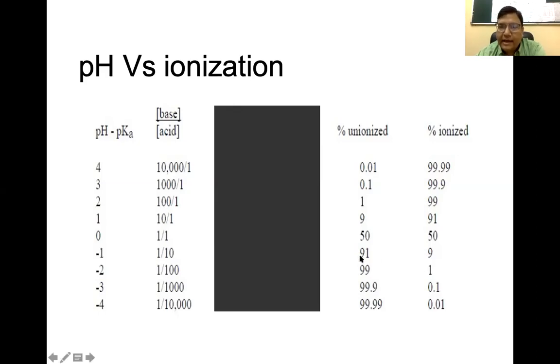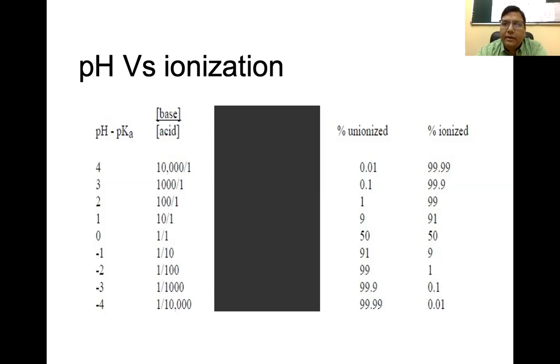So from this we derive that if a drug is a weak acid, it will be more unionized in the acidic media and more ionized in the basic media. So in which part of the GIT do you think the drug will be more unionized? It will be the gastric pH.